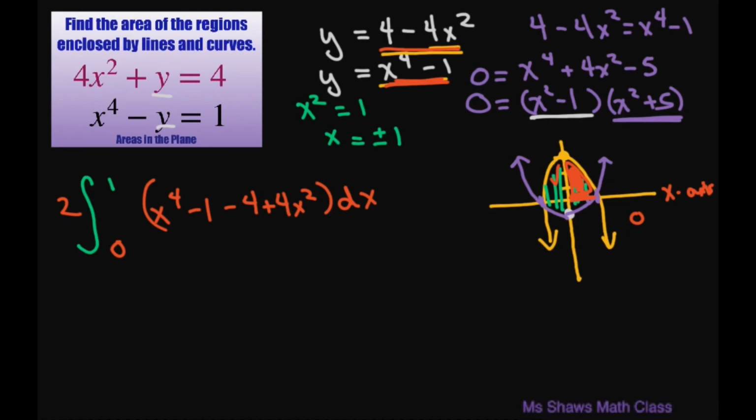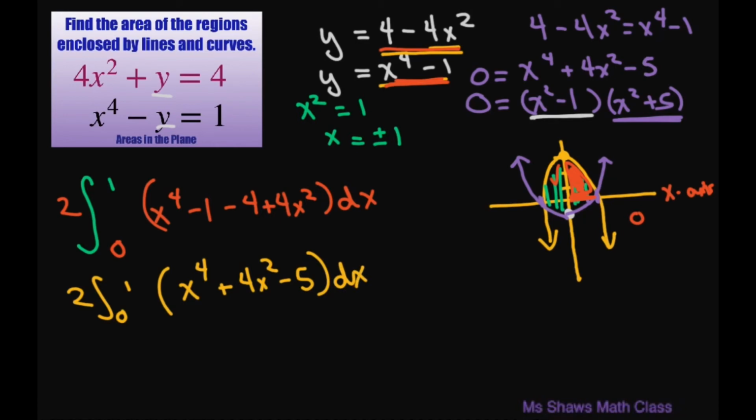Simplifying, we're going to get the integral 2 times 0 to 1 of x to the power 4 plus 4x squared minus 5 dx.